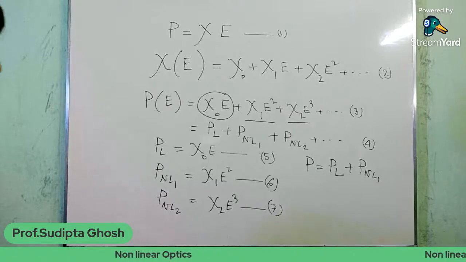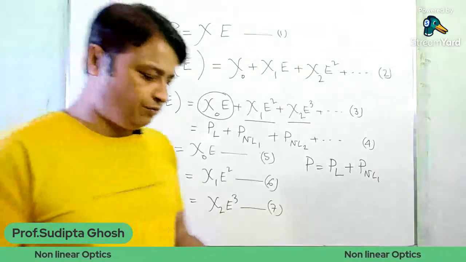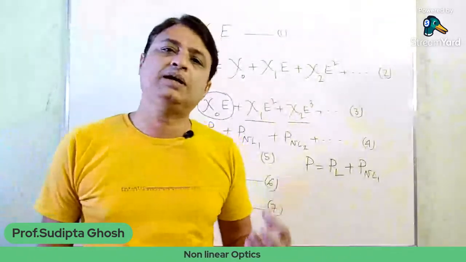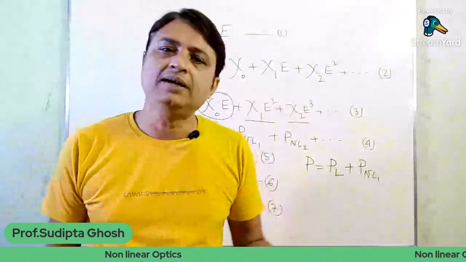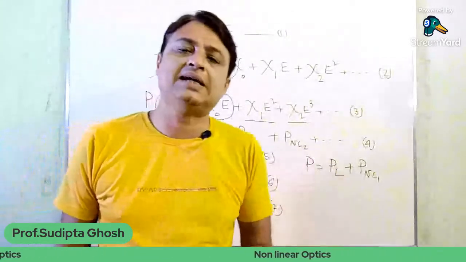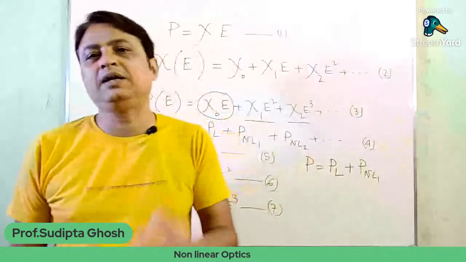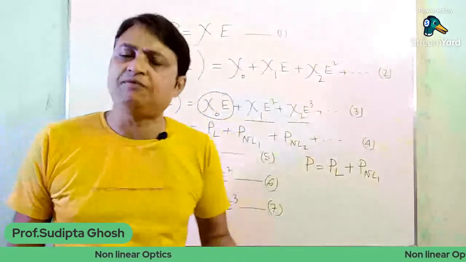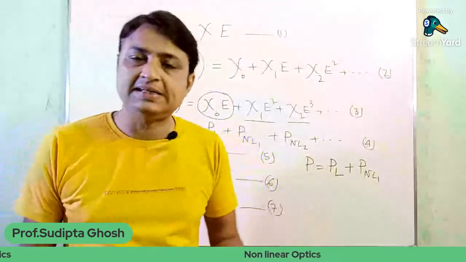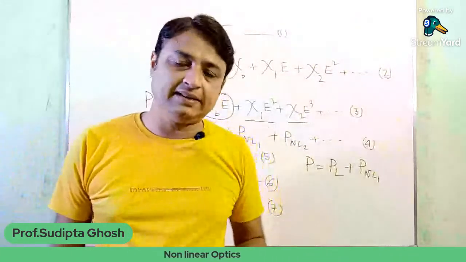Every time you find a dielectric material and you want to find out its interaction with a highly intense laser beam, you will find that there is some non-linearity present there.